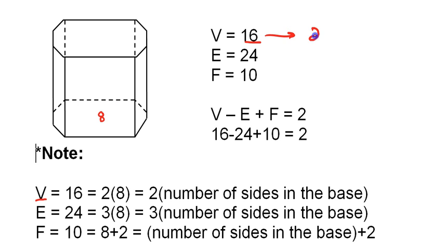The number of edges is going to be 3 times the number of sides of the base, because I've got 1 along the base on the bottom, 1 along the base on the top, and 1 around the lateral edges. So E is going to be 3 times the number of sides of the base. That gives us 24. And then for F, it is always going to be the number of sides in the base plus 2, because 8 will give us the number of lateral sides, and then we'll have to add the top and the bottom. So that will always be 2 plus the number of sides. That's going to be true for any prism.